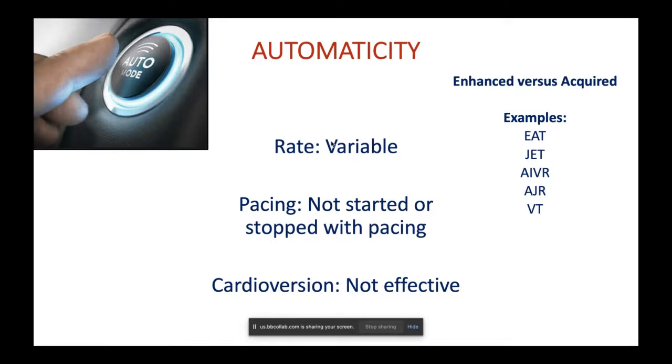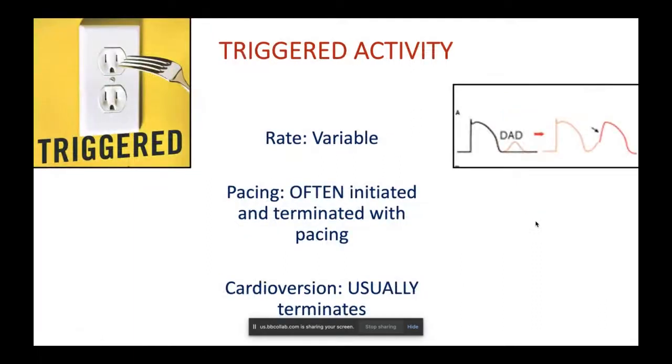Contrast that with the reentrant tachycardia we just looked at. And some of the examples are ectopic atrial tachycardia, junctional ectopic tachycardia, accelerated idioventricular rhythm, accelerated junctional rhythm, and VT. And the third mechanism is triggered activity. Conceptually, this is the hardest to understand, but briefly and to simplify it, it has characteristics of both a reentrant tachycardia and an automatic tachycardia.